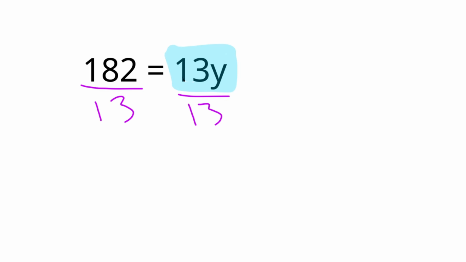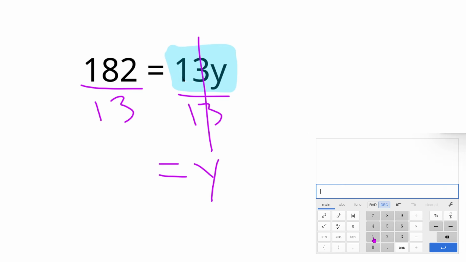On the right side, our coefficient goes from 13 to 1 because 13 divided by 13 is 1. We want 1y, not 13 y's. We only want 1. So y equals 182 divided by 13. Plug that into your calculator. We get 14.